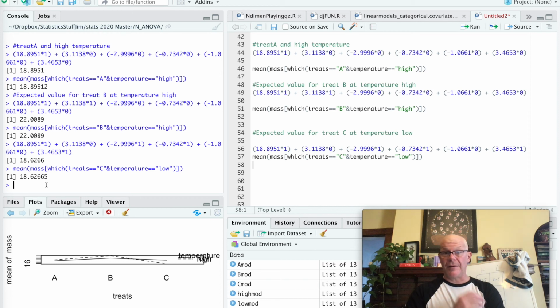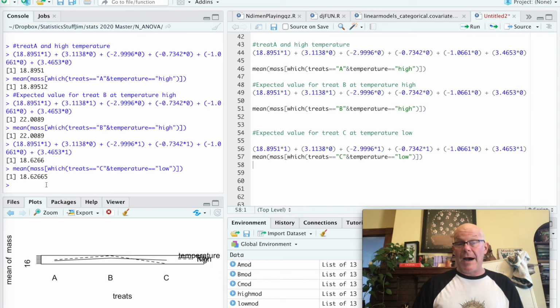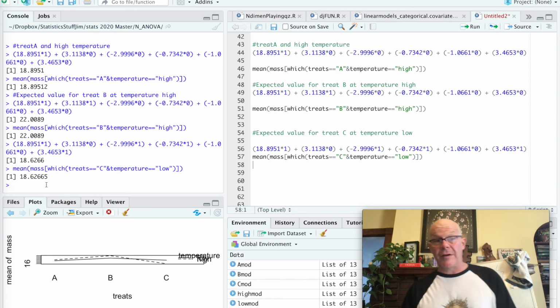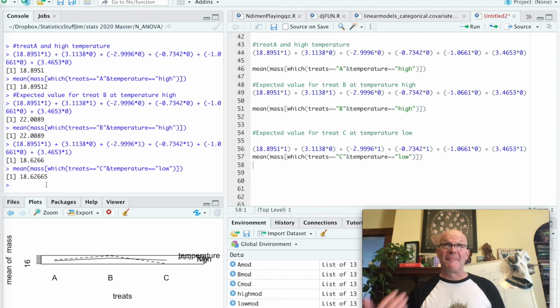So that's always an important thing to remember, that just because you can't interpret the p-values in your analysis of variance on the model, your model parameter estimates themselves are absolutely fine. It's a really nice predictive model, potentially, or at least it's the best predictive model that we have based upon all the information on hand.